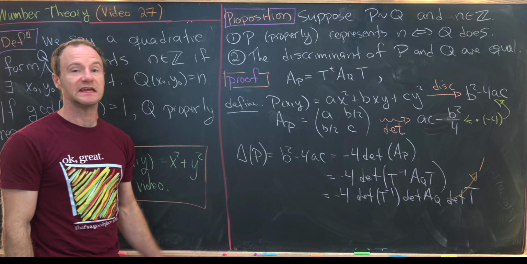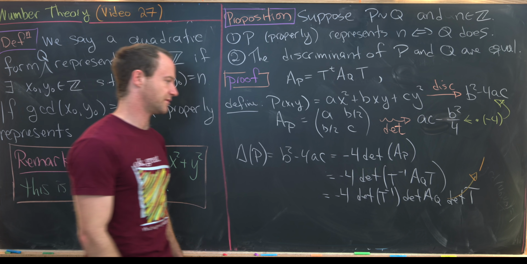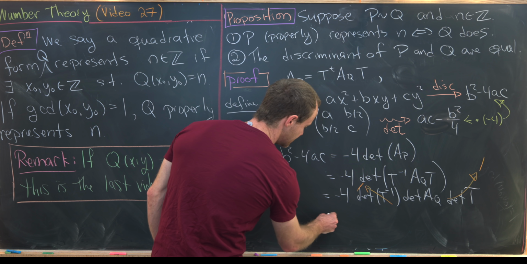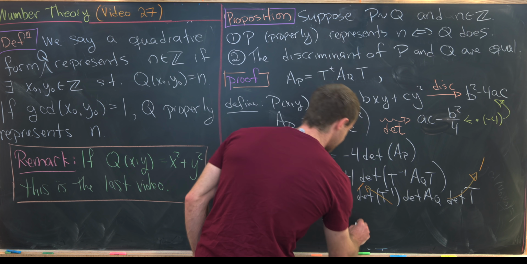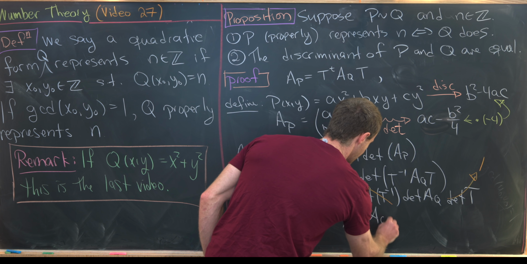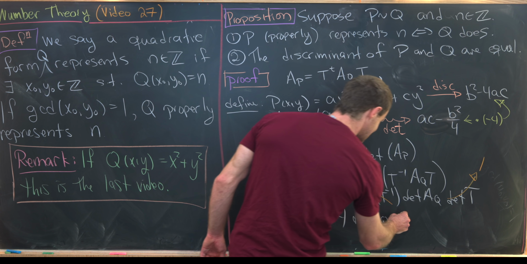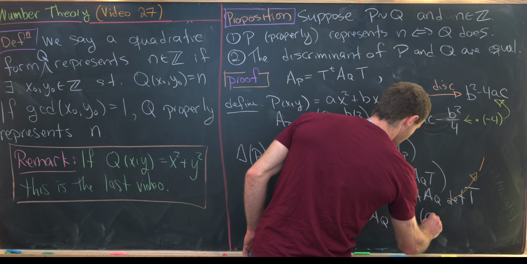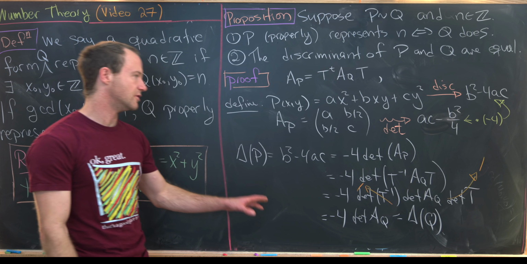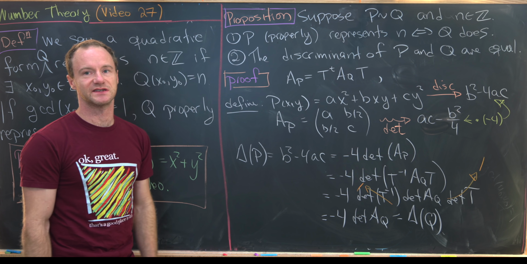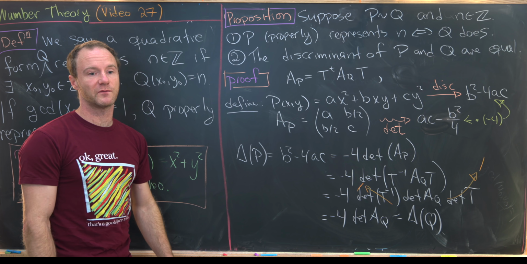And the determinant of T inverse will be the inverse of the determinant of T, so it's just 1 over 1. In other words, it's 1. So in the end, we get minus 4 times the determinant of our matrix A_Q. But now that's going to be exactly the discriminant of our quadratic form Q by this observation that we had up here that we used in our first step. So we finished the proof of part 2.